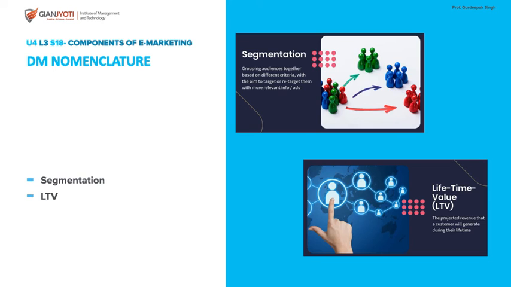Similarly, the last two are segmentation and lifetime value. You already know segmentation, but here what I mean is, through the first campaign, I got certain people interested in my product or service. Then I segment them. Maybe if it is a female product, I segregate the female from male, depending on what I am targeting and whom I am targeting. So that is segmentation.